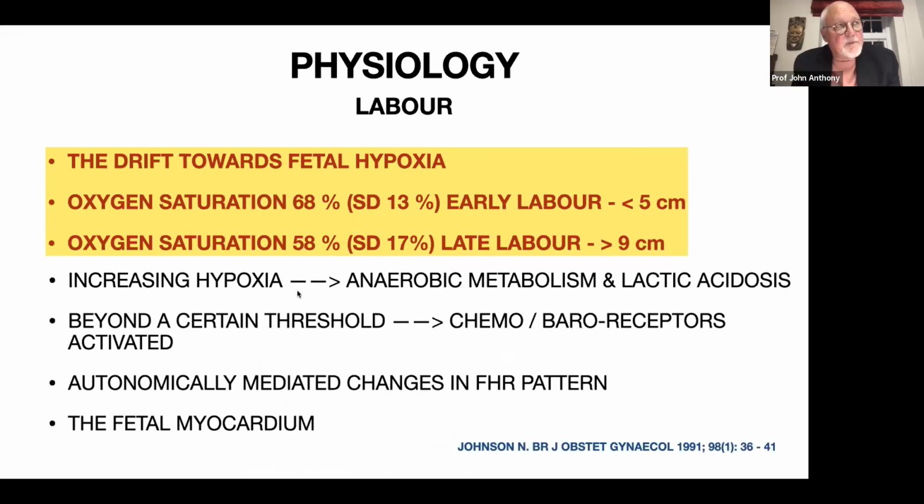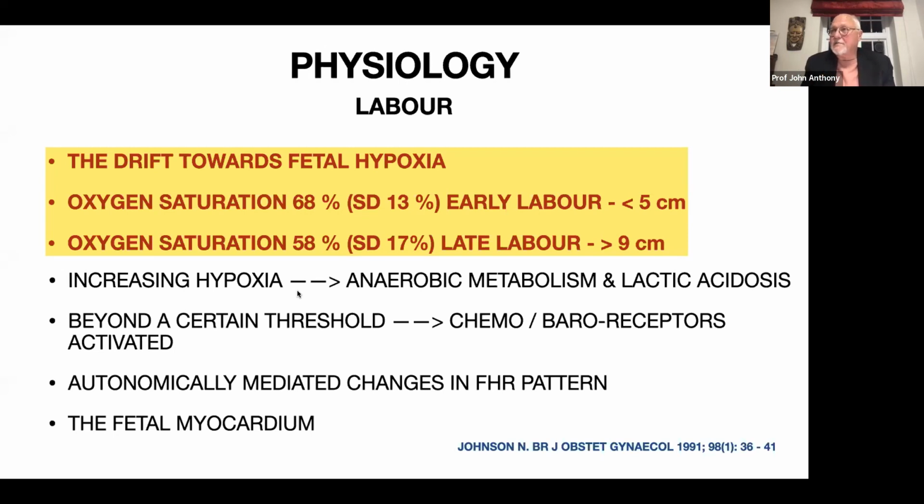So if the baby has contractions, or is, if you like, in an environment where there are too many contractions occurring too frequently, or the contractions last too long, this process of becoming hypoxic may become exaggerated, and there may be an increase in fetal hypoxia, which may preclude the process of aerobic metabolism. And the baby may then switch over to anaerobic metabolism with an accumulation of lactic acid in the circulation.